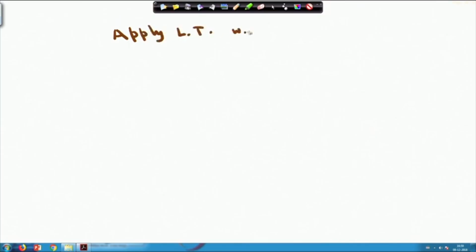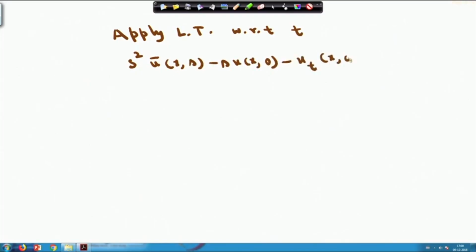Laplace transform with respect to the variable t. So that you will obtain, I am writing directly, s² ū(x,s) − s u(x,0) − u_t(x,0) = c² d²ū/dx². I am not explaining this term again. Now, u(x,0) is given as λ sin(πx/L), u_t(x,0) is equal to 0.